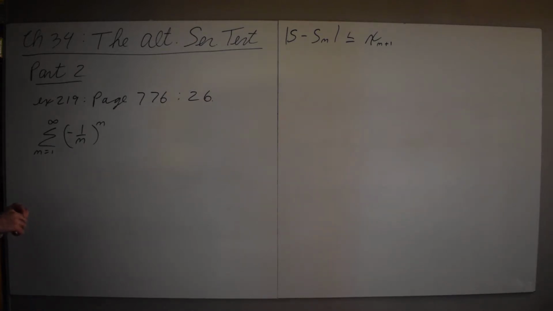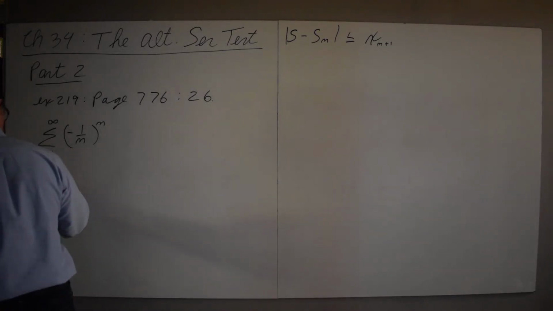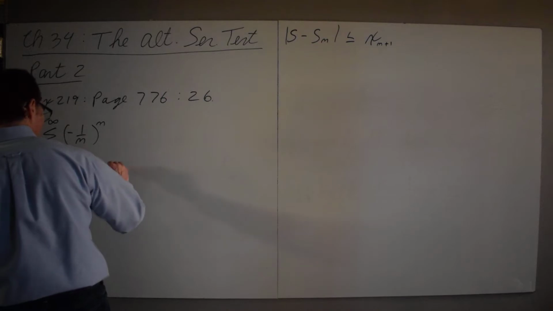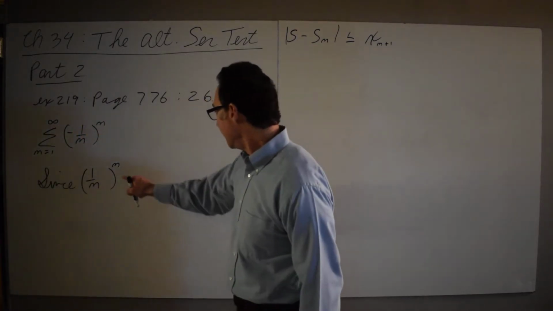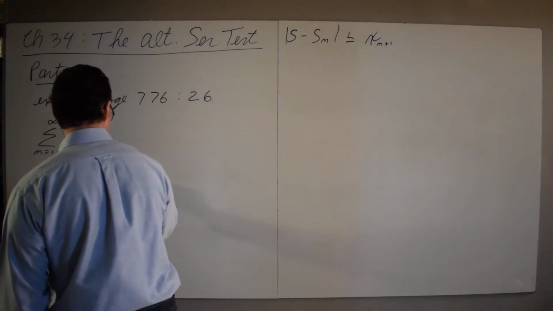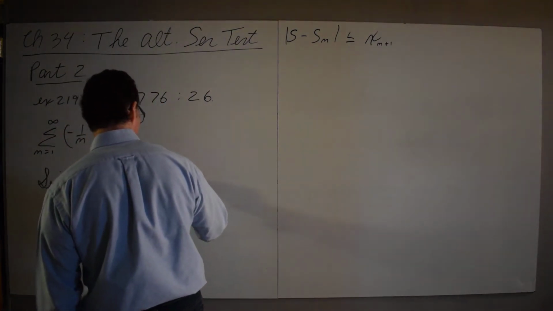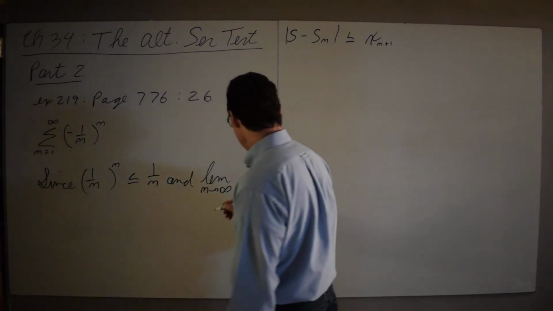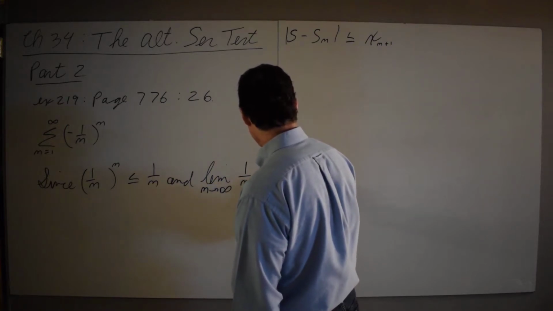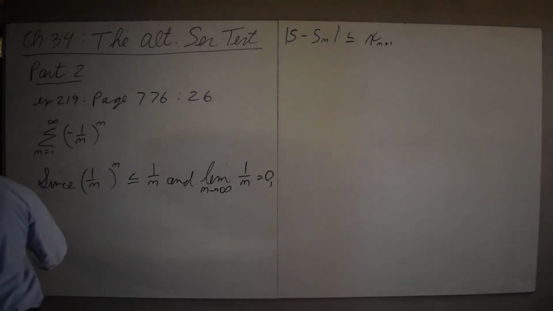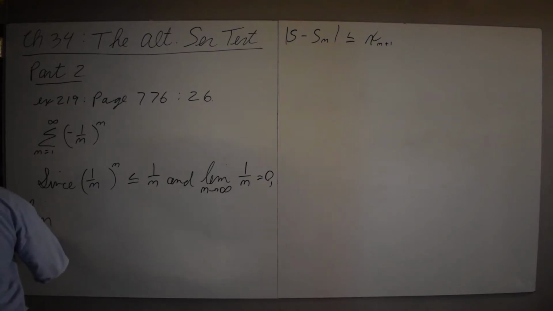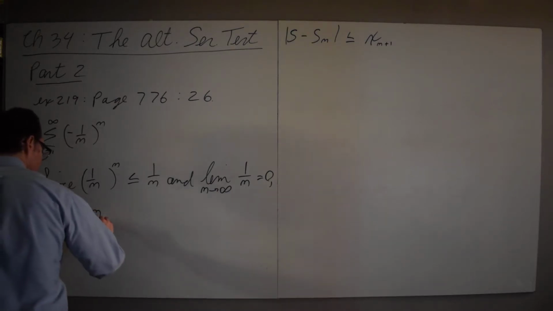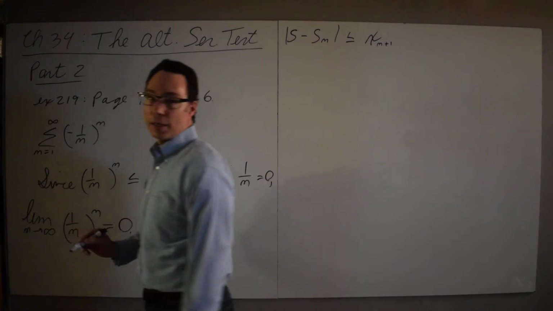So first of all, since 1 divided by n to the n is less than or equal to 1 over n, and the limit as n tends to infinity of 1 over n is 0, the limit as n tends to infinity of 1 over n to the n is also 0.